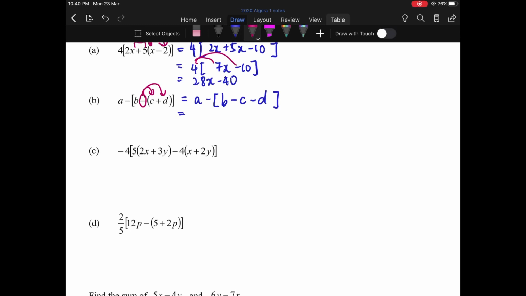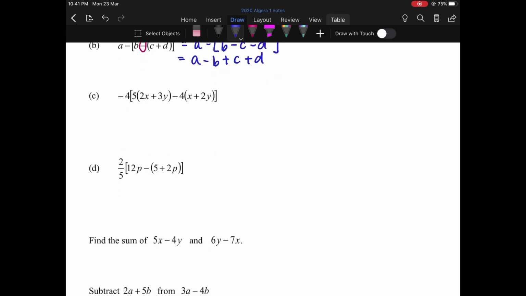Next, we have to distribute this minus into the terms in the bracket, minus b. Next, minus times minus c, you will get plus c, double negative. And you get double negative for d, get plus d. You can try the next question on your own.